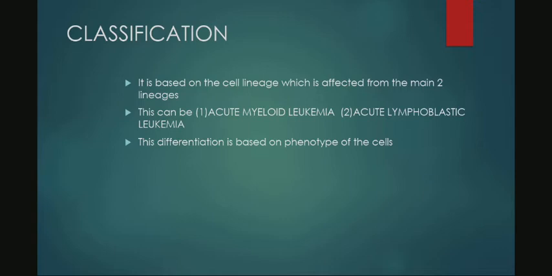And this TdT is a DNA polymerase, which is important to understand. Again, you won't find it in cells from the myeloid lineage, and you won't find it in mature cells of the lymphoid lineage. Okay, so that's how you come about with the classification.